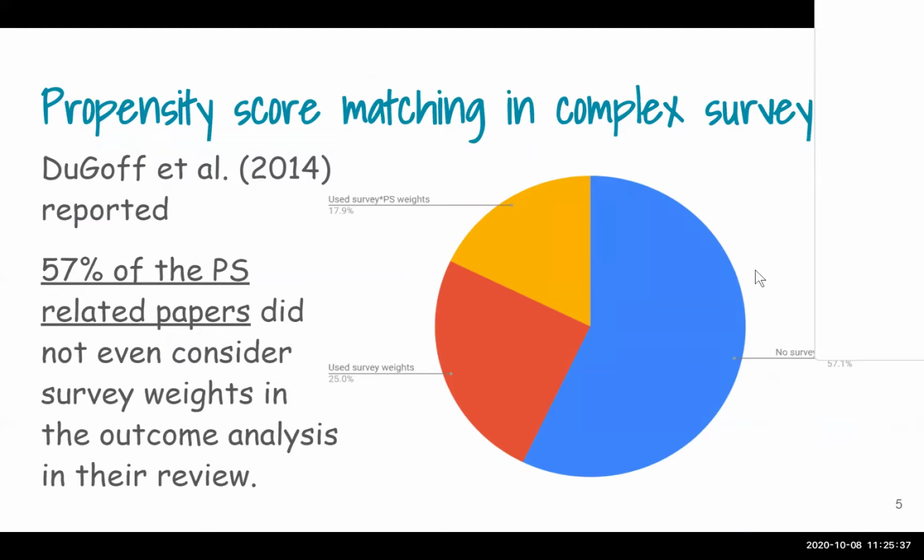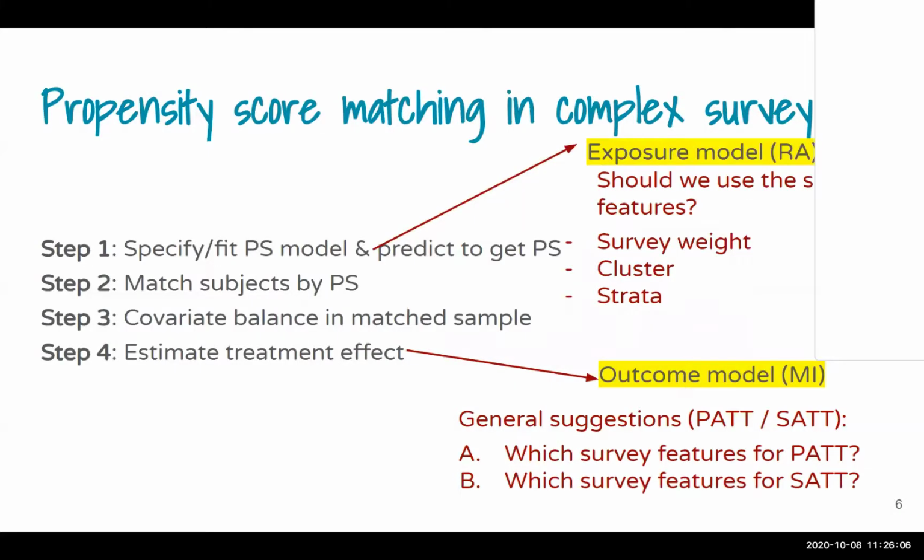They just used the survey data as if it was SRS data. So obviously there is something wrong about it because you are supposed to use some of the survey features if you want to make inference about the population. So obviously this is a widespread problem in the use of survey data, and we are going to rectify that problem in today's class.